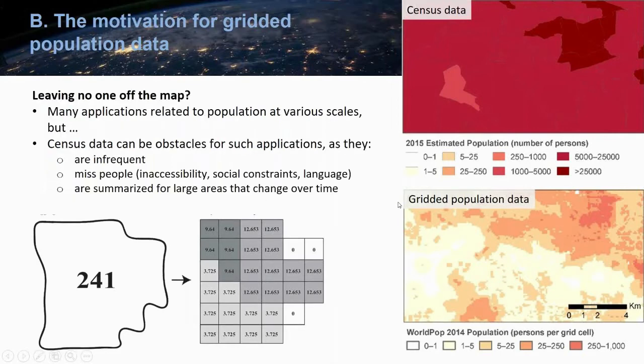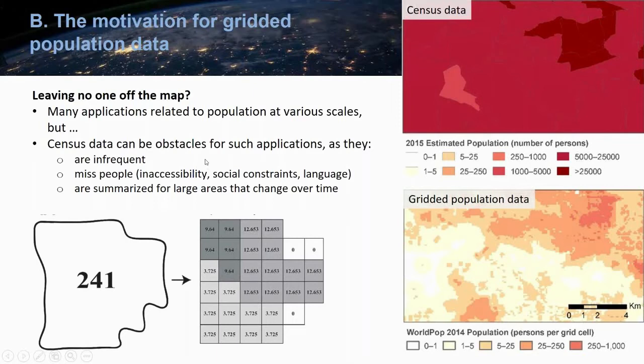Leaving no one off the map, to come back to this title, many applications in environmental sciences, sustainability, and development are related to population. They are related to population at various scales. The big obstacle is census data themselves for such applications. Census data can be infrequent.